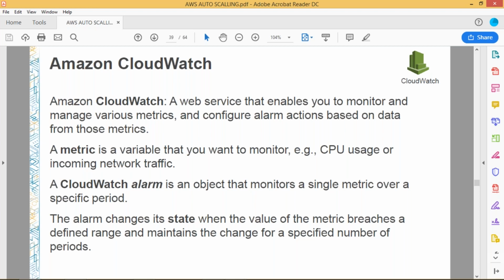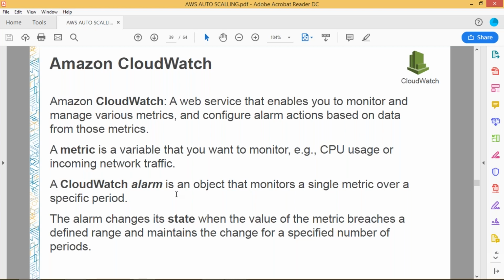For any instance you have launched, CloudWatch is part of it. CloudWatch provides metrics of your instances, showing what is going on with them: CPU usage, incoming and outgoing traffic, memory usage, who is logging in to your systems, and the load on the particular instances. That sort of thing you find in CloudWatch. How effectively your instance is working is also a very important aspect.